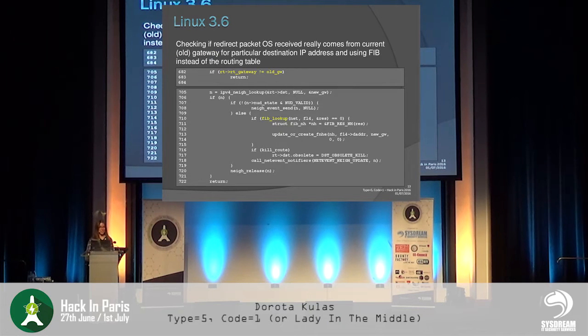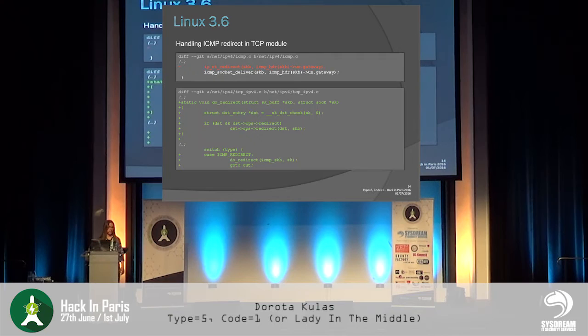So I was digging into the kernel source, so I can just show you what the changes were. The first yellow mark is just checking if this is the old gateway IP address. The other just shows that now this is a FIB lookup. And then on the TCP module example, they moved the ICMP redirect handling from ICMP to TCP or UDP or respective modules.